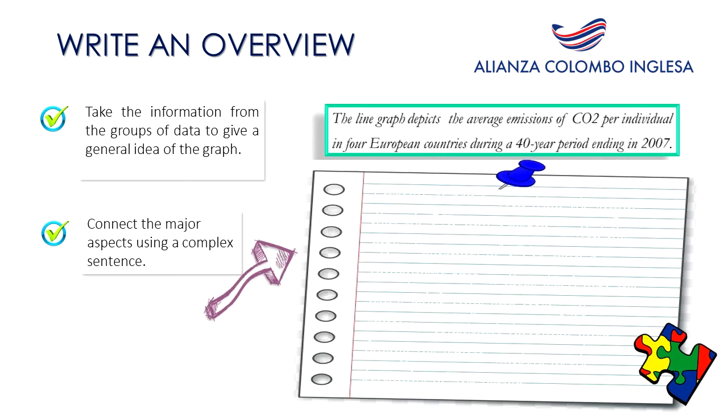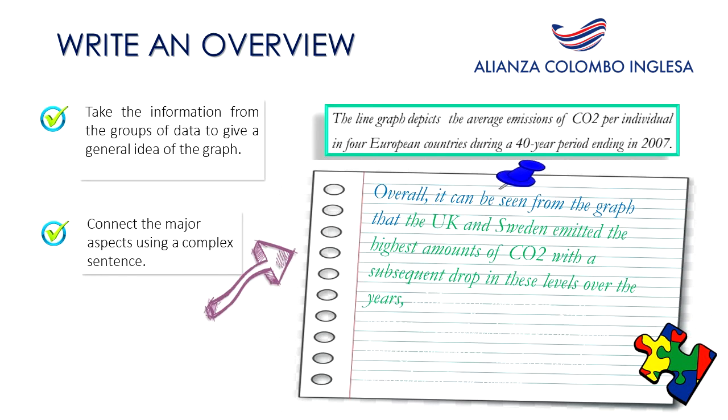We could take the groups of information we made before and give a general idea of what the graph is showing. We could also connect the major features that we discovered in the two groups and combine them using a complex sentence. So here we have written again our paraphrasing of the statement, and let's see how we can put the overview together.